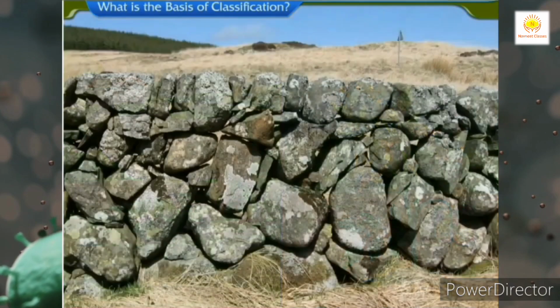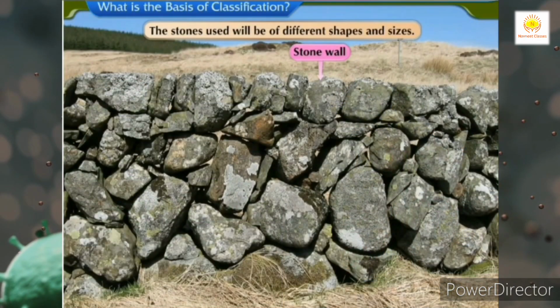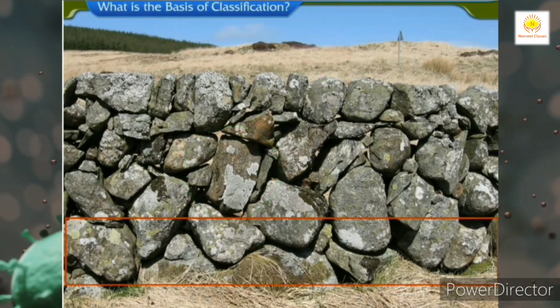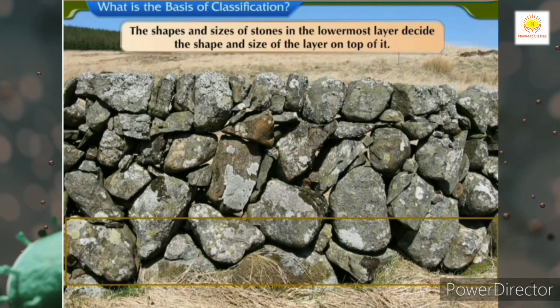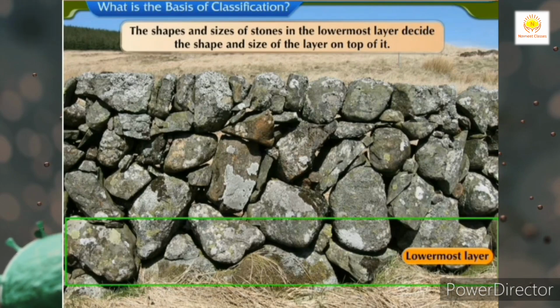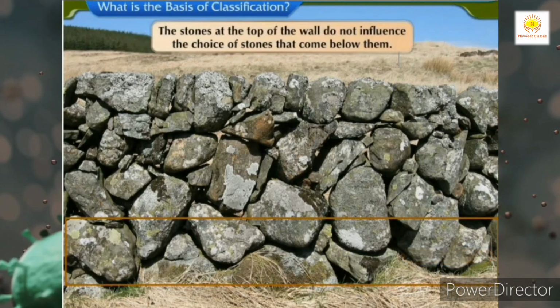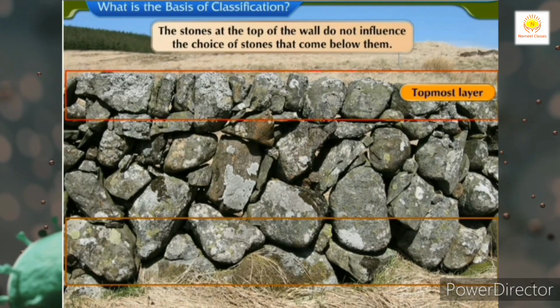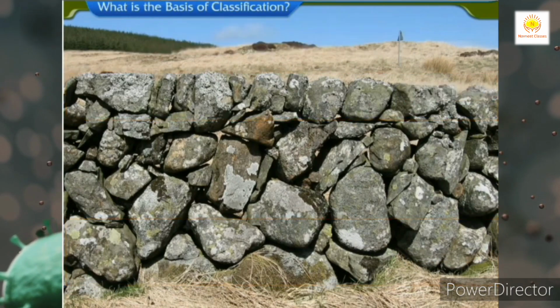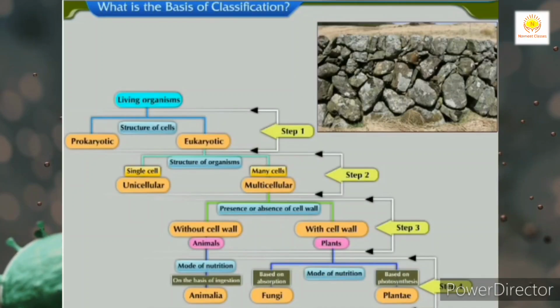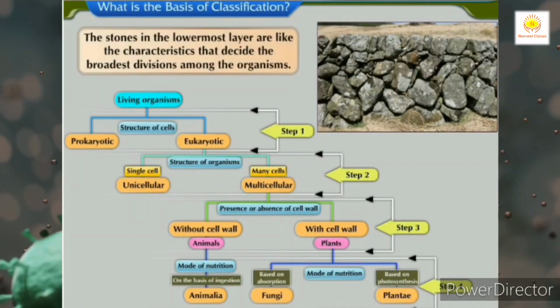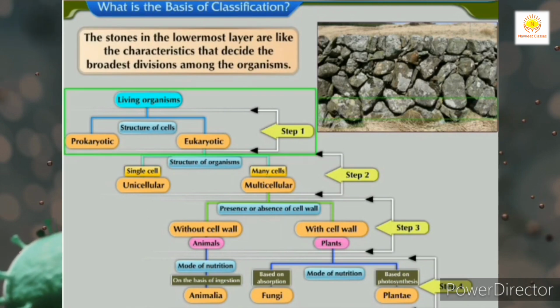Consider the example of a stone wall. The stones used will be of different shapes and sizes. We can see that the shapes and sizes of stones in the lowermost layer decided the shape and size of the layer on top of it, while the stones at the top of the wall do not influence the choice of the stones that come below them. Thus, in the classification of living organisms, the stones in the lowermost layer are like the characteristics that decide the broadest divisions among the organisms.